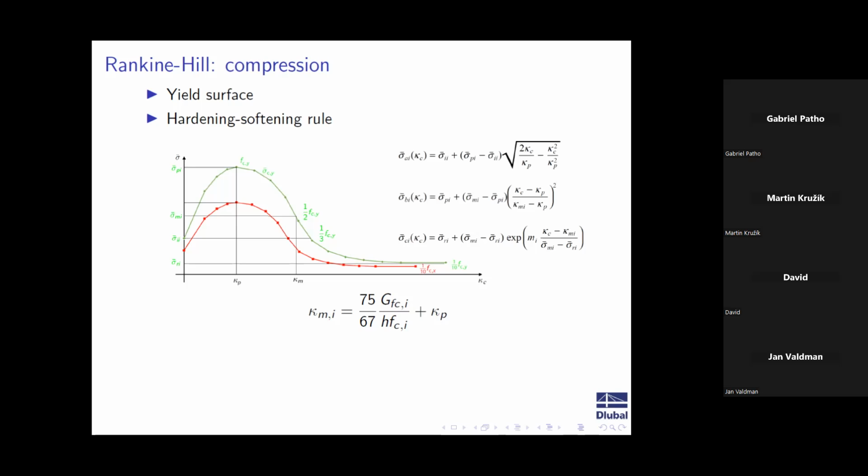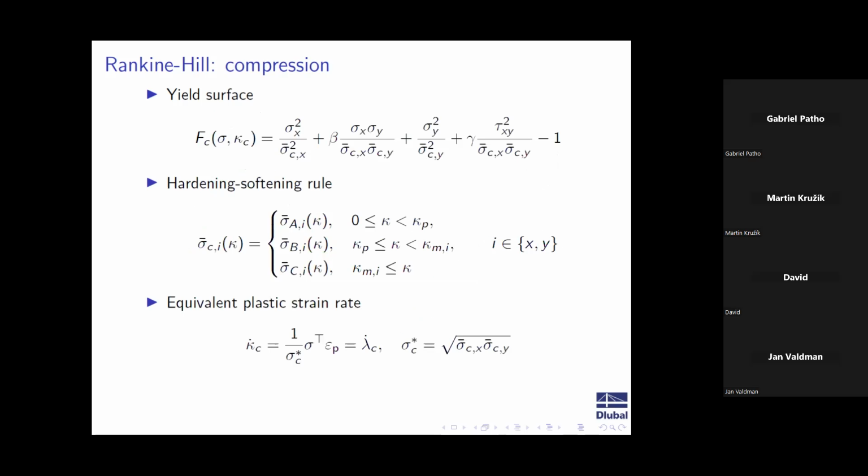Again, from Bažant's crack bandwidth theory, to fulfill mesh objectivity, I need to introduce this intermediate value where I change from quadratic to exponential softening to some fraction, again including some fracture energies and the equivalent length.